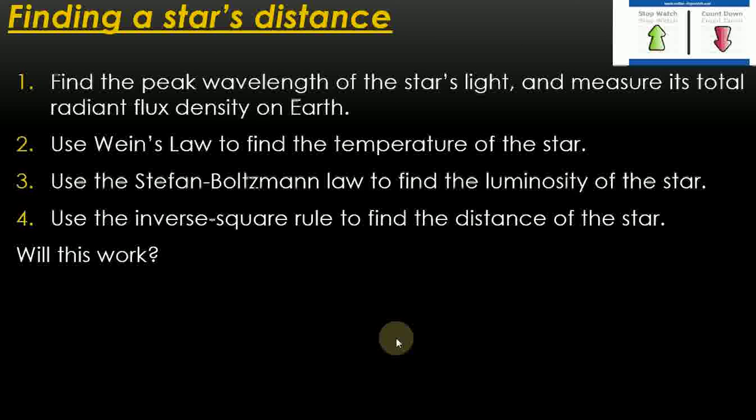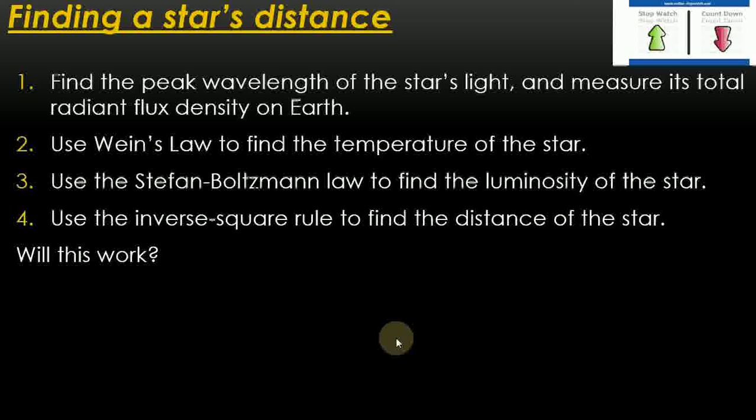Well, let's think about it. We could find the peak wavelength of the star's light and measure its total radiant flux density. That will tell us the luminosity of the star. We can measure a star's wavelength, and we can measure how much energy is actually reaching Earth. Those are the only 2 bits of information that we can get.